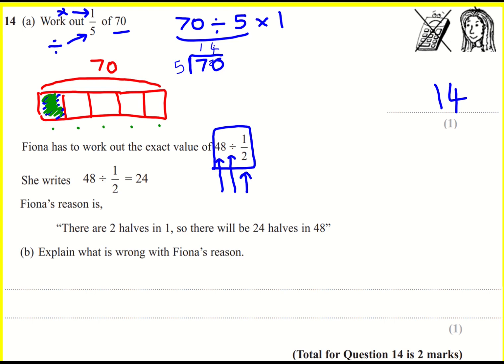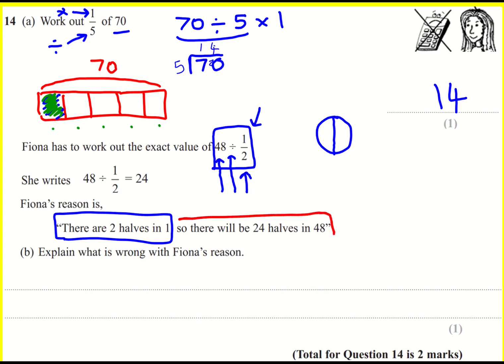Because if you think about it, if we had this question here, 12 divided by 3, that question is actually saying how many 3s are in 12, to which obviously the answer is 4. So this question here is saying how many halves are in 48. Well, let's just look at how many halves are in 1, and she's absolutely right. There are 2 halves in 1. This part of her statement is actually correct. There are 2 halves in 1. It's just that this part of her statement is incorrect.